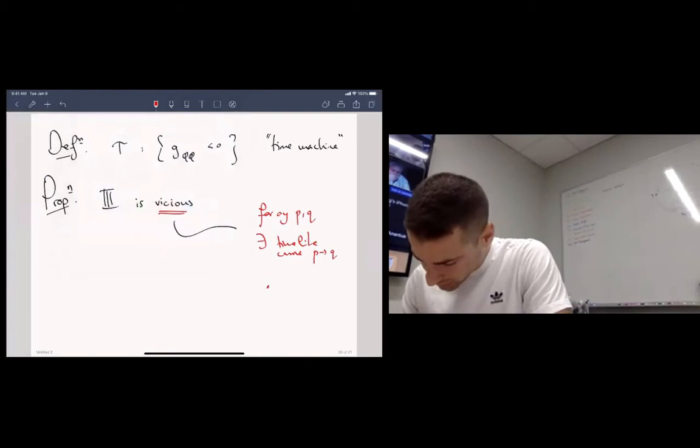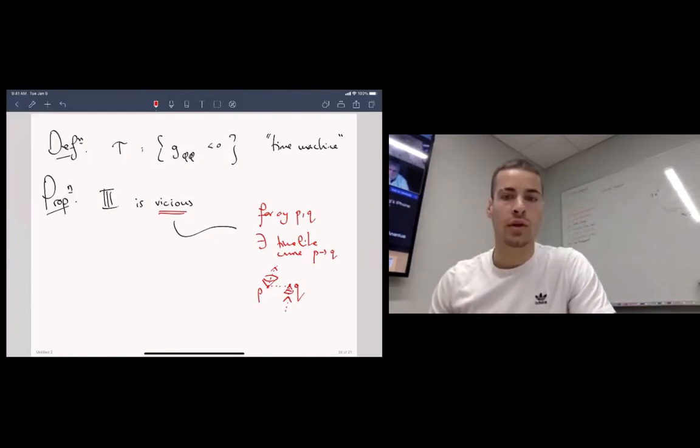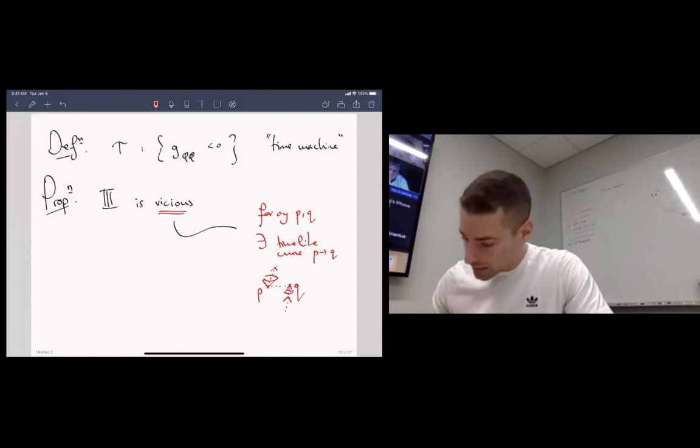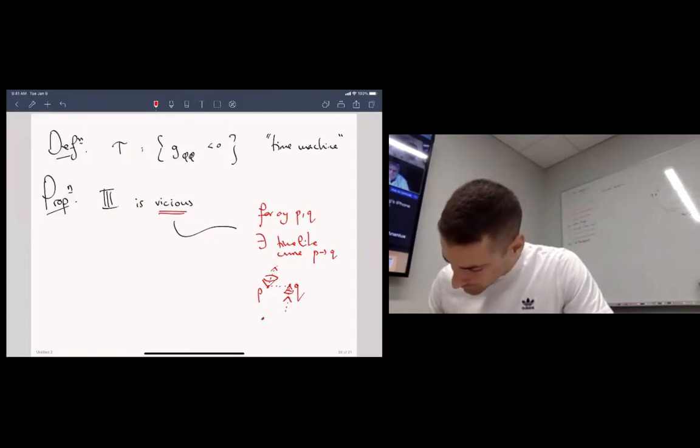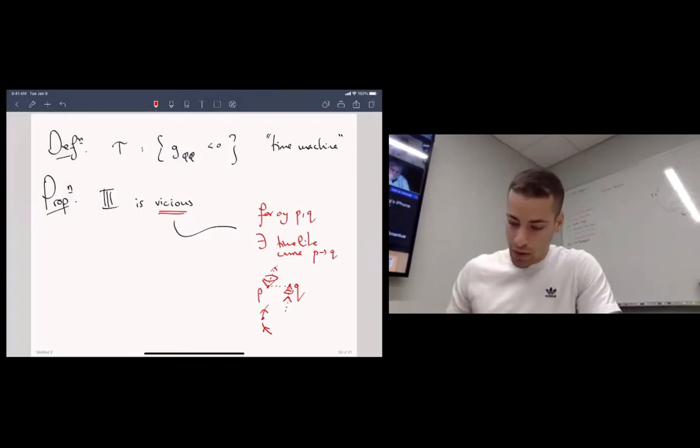Well, it's extremely strange because if p and q seem to be space-like separated, then this is somehow saying that I can draw a future-directed time-like curve which ends up here. So somehow there are closed time-like curves going around, because of course I can take p and q to be the same point. And then I have a closed time-like curve. Beautiful. So region 3 is vicious.